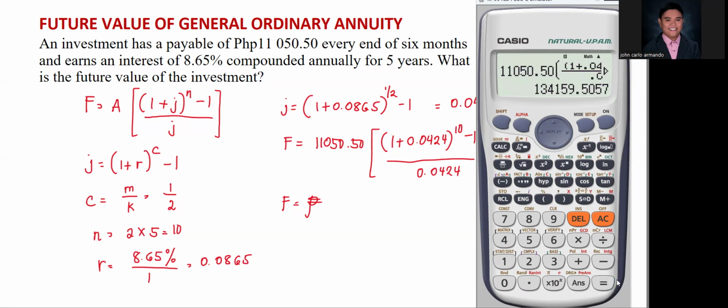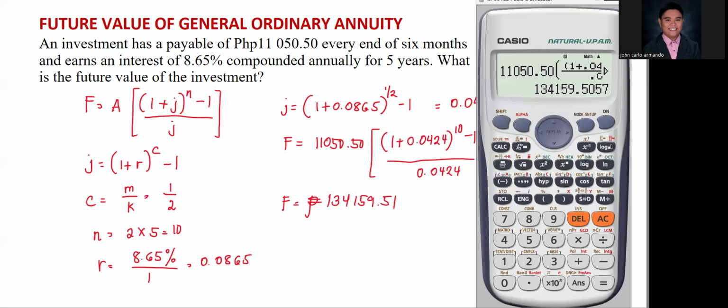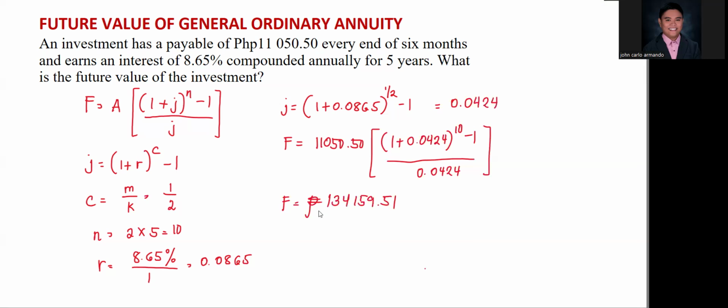And the result is 134,159 pesos and 51 centavos. Check again, 134,159.51. So this is the future value of the general ordinary annuity in this problem.